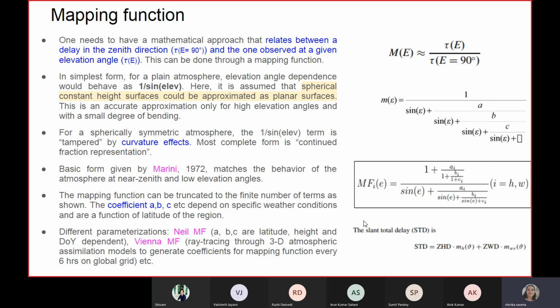By taking care of the curvature effects, we can modify this simple mapping function, 1 by sine elevation, to a continued fraction form. This continued fraction form represents the true situation because the Earth's surface is curved.